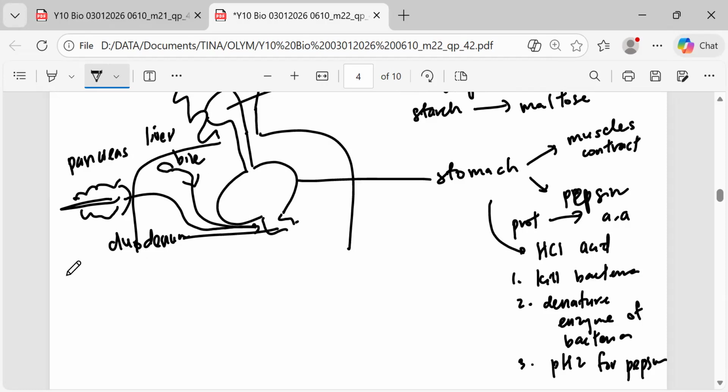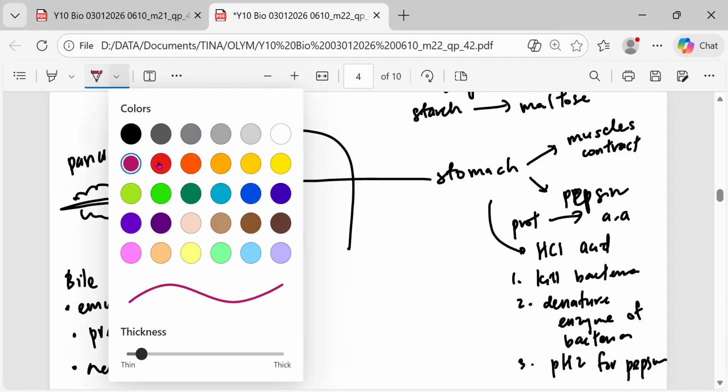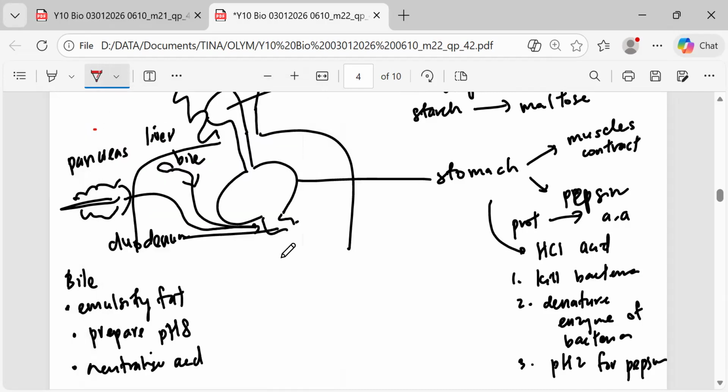So you need to know the functions of the bile: to emulsify fat, to prepare pH 8 and also neutralize acid. Okay, so this happens in the duodenum.